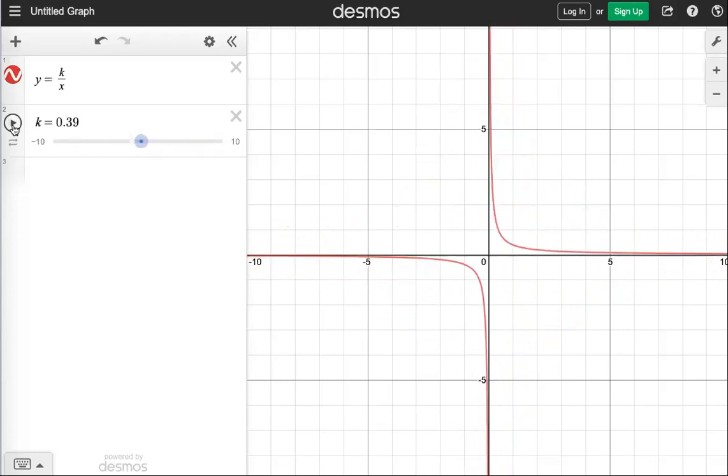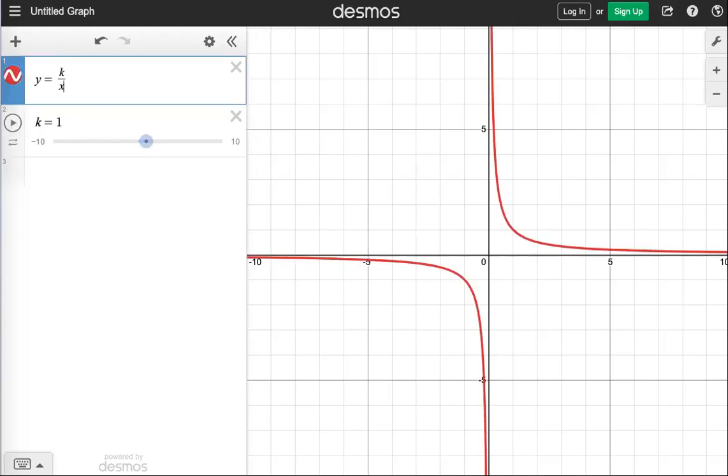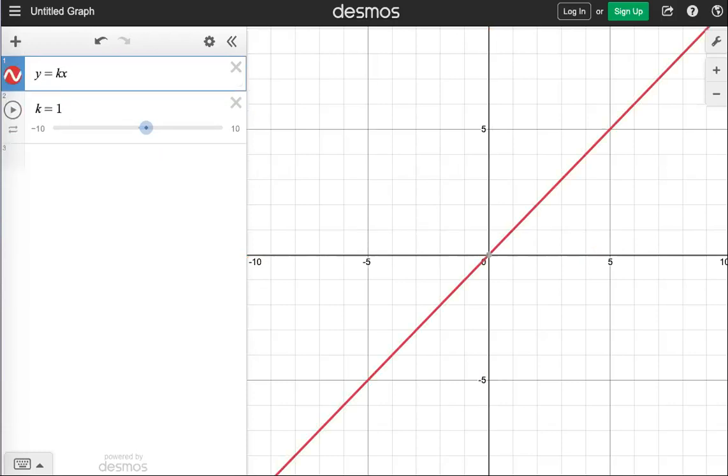And I'll stop it at 1. So let's make it 1. Okay, so that's inverse variation. And you may remember from the last lecture that we were talking about direct variation. So the equation for direct variation is y equals k times x. And remember, x and y are variables, k is a constant, so k is just going to be some number.